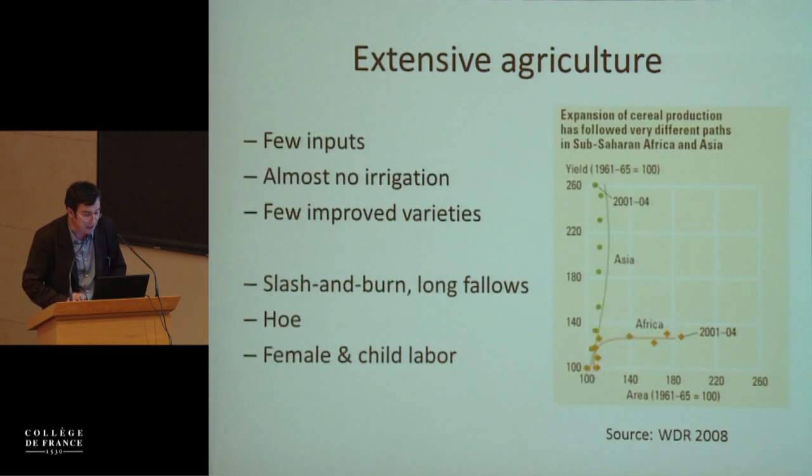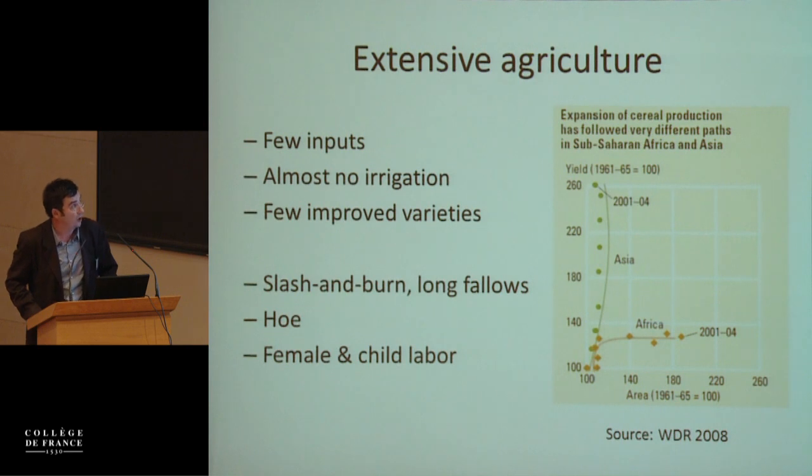So now let me turn to the present, and perhaps even to the future, by looking at the evolution of this extensive agriculture of Africa. As of today, Africa's agriculture is still very much extensive.